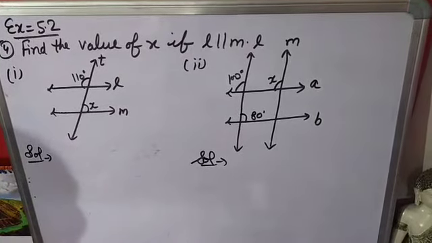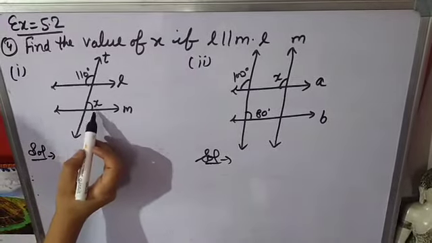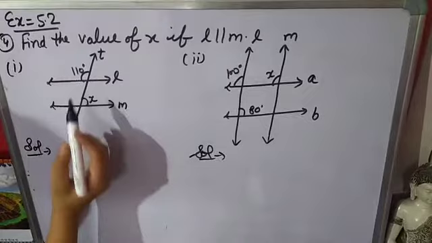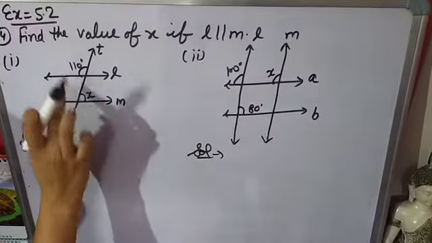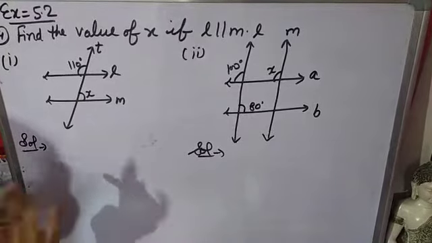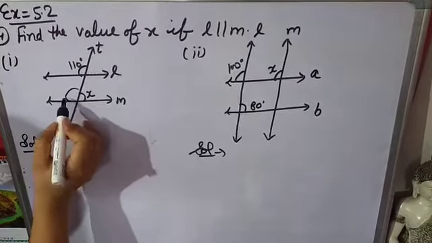The fourth question is: find the value of x if L is parallel to M. Here, in the first part, this is 110 and this is x. These two angles are not related by any property, so we will create a property. If this is 110, then this will also be 110.